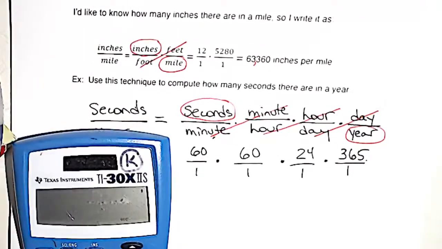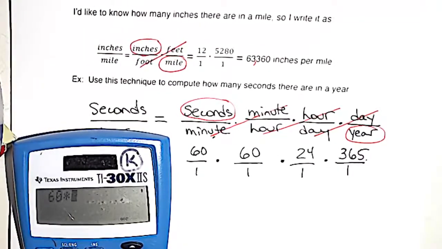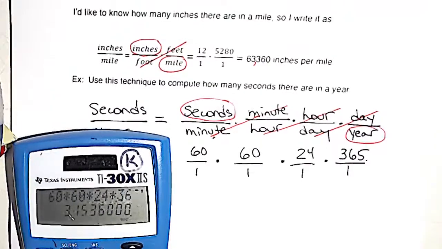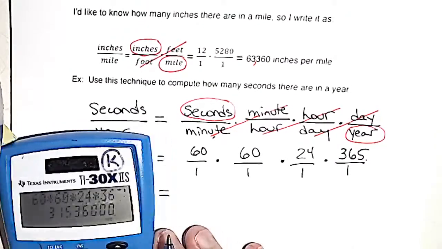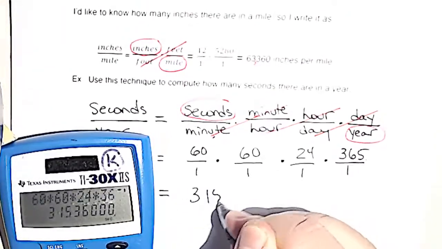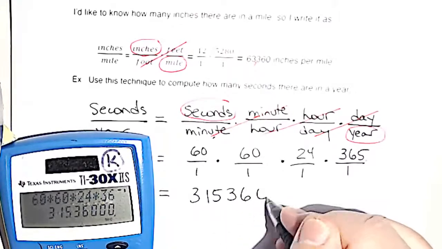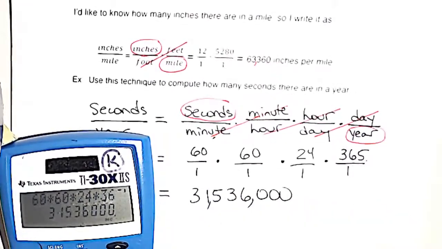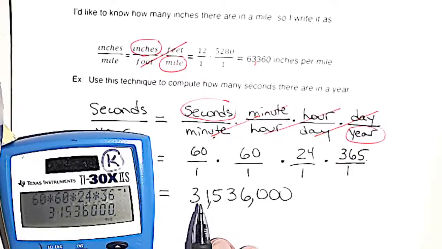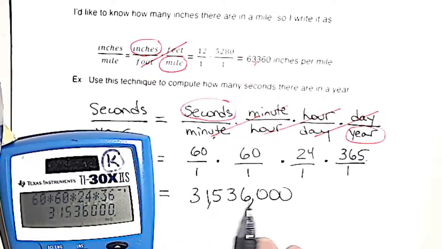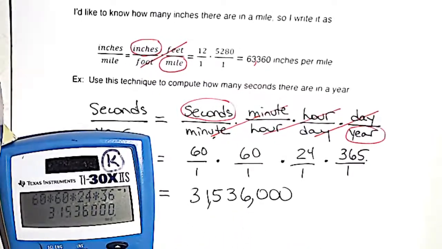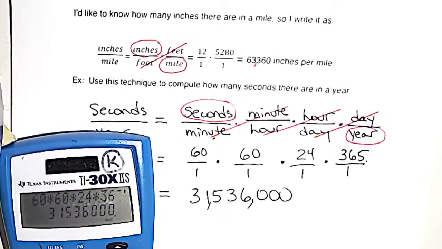Okay, this is going to be 60 times 60 times 24 times 365. And I get, wow, that's a big number. 31,536,000 seconds in a year.